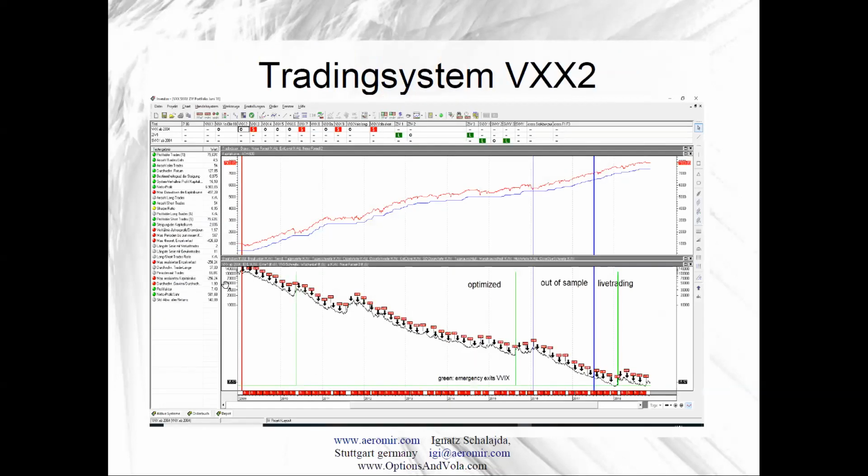As you can see here, this is the VXX. These are the trading signals. As you can see here, I divide the trend in many small parts, and every one of them has the same trade duration. The red one here is the equity curve.